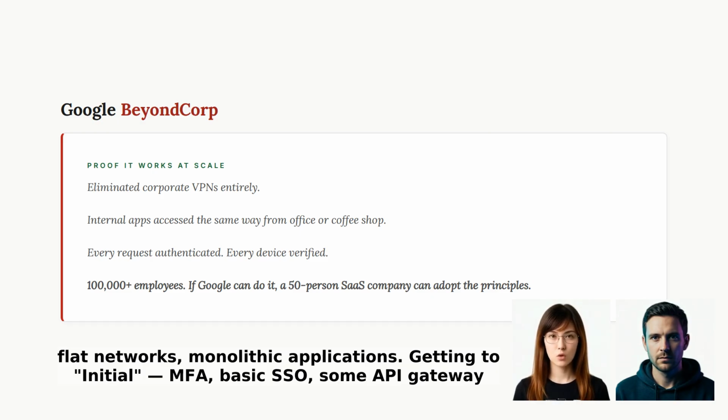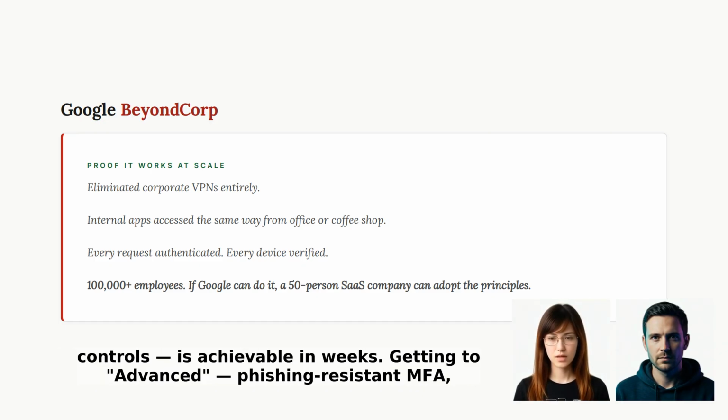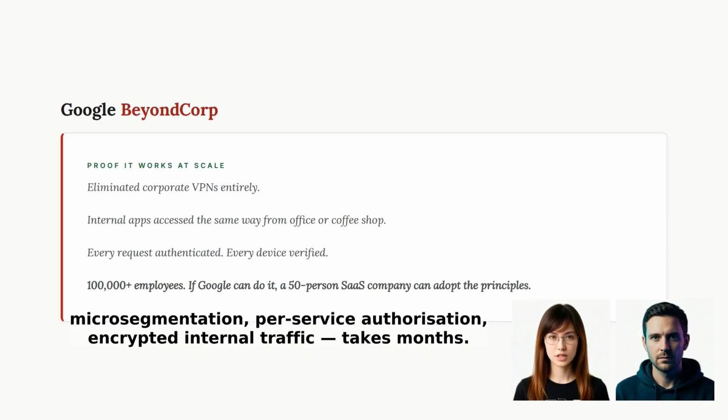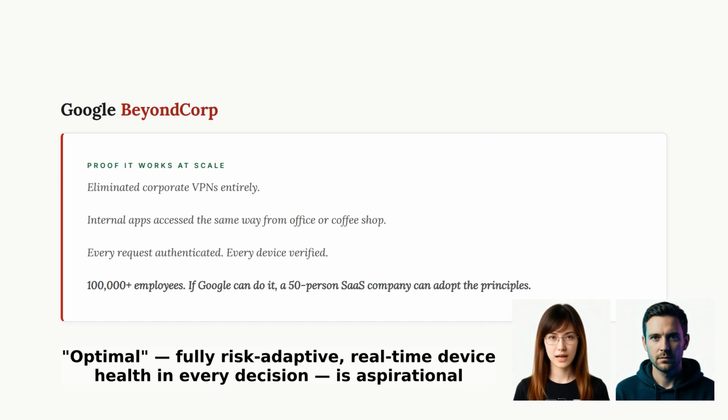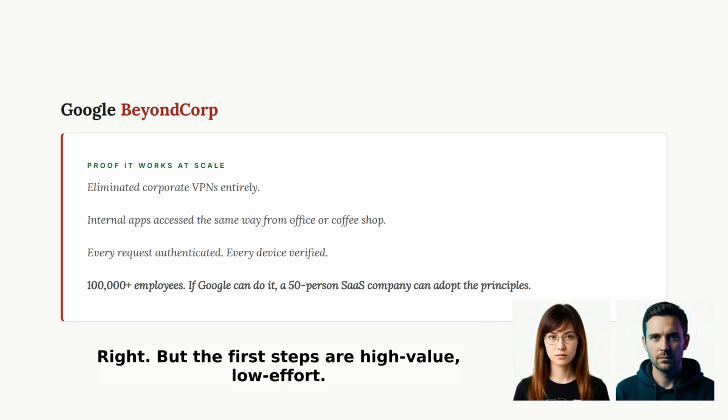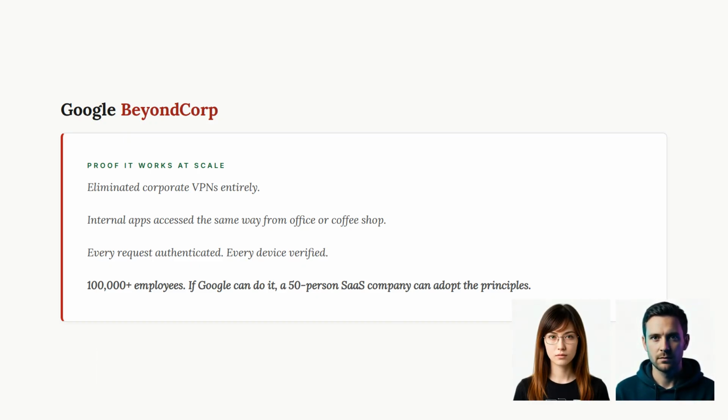Getting to initial MFA, basic SSO, some API gateway controls is achievable in weeks. Getting to advanced phishing-resistant MFA, microsegmentation, per-service authorization, encrypted internal traffic takes months. Optimal, fully risk-adaptive, real-time device health in every decision is aspirational for most and takes years. Right, but the first steps are high value, low effort.